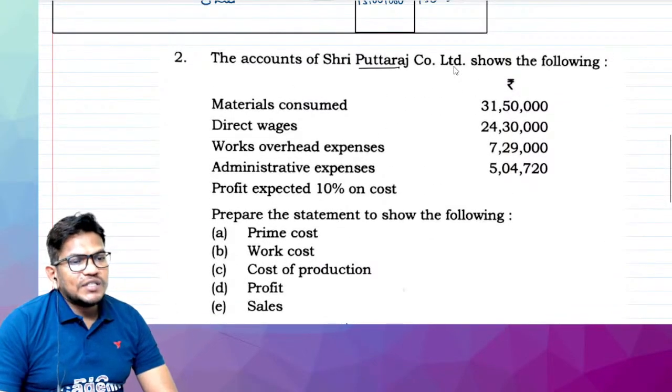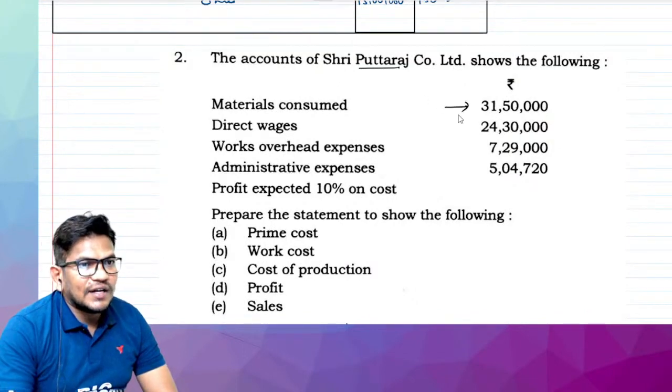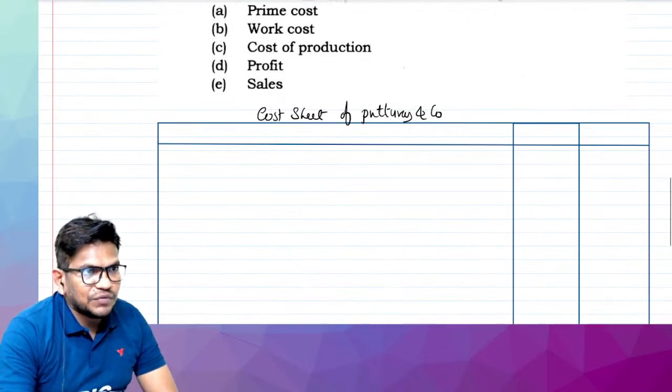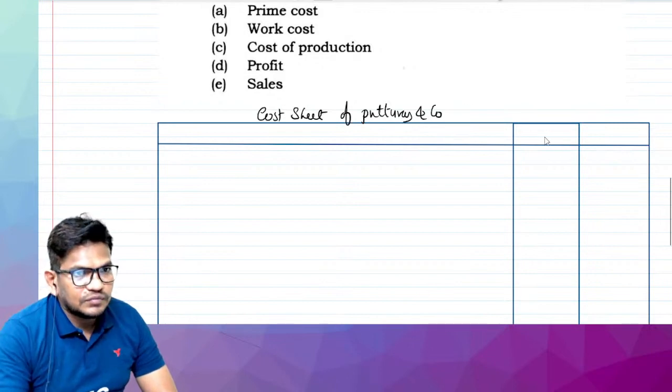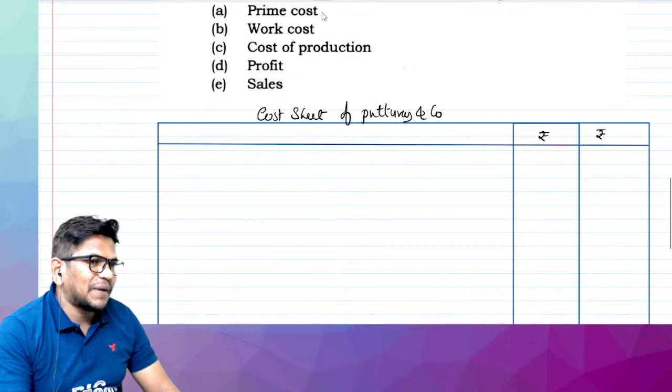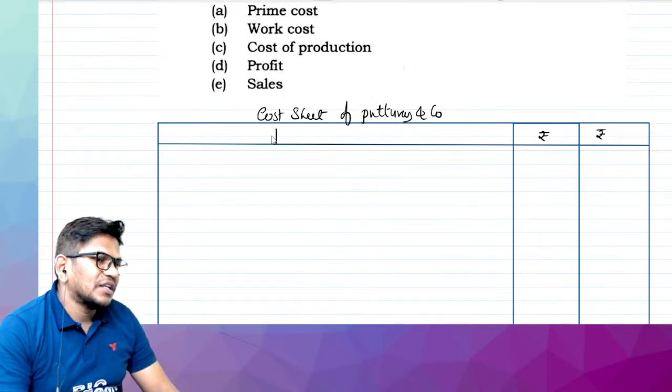Material consumed, how much? 31,50,000. Note down, my dear students. Very simple question we have. Since we don't need to find out any cost per unit, they simply said prime cost, work cost, and cost of production. Let's solve.